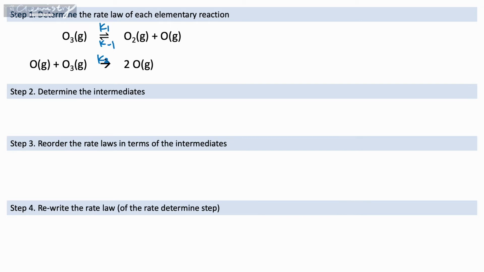So over here we can see the rate constants K1 and then K-1, these two. The rate law for the first one is going to be K1 multiplied by O3 to the first power, because we can imagine that the stoichiometry is 1. Again, the reason why we can use the coefficient right now is because the rate law that we are trying to express is relative for the products and reactants.